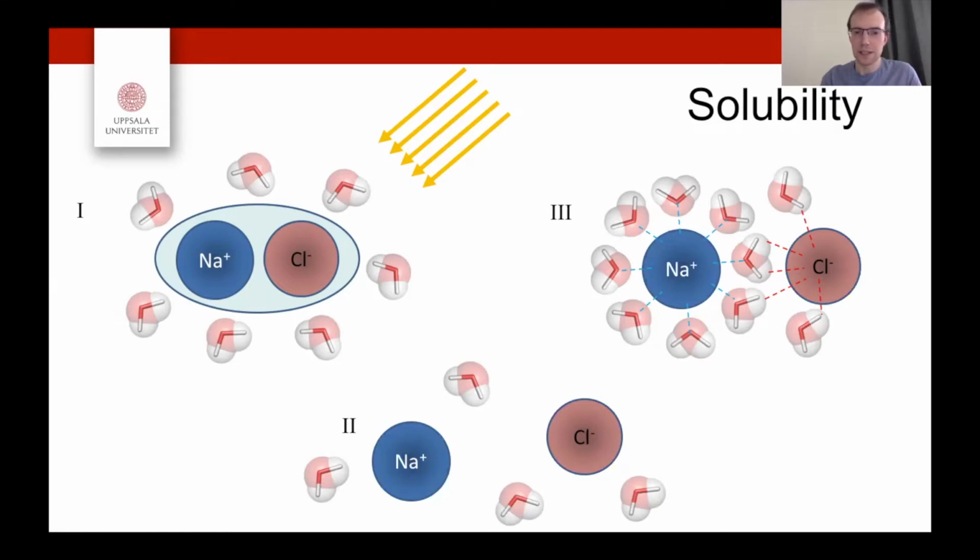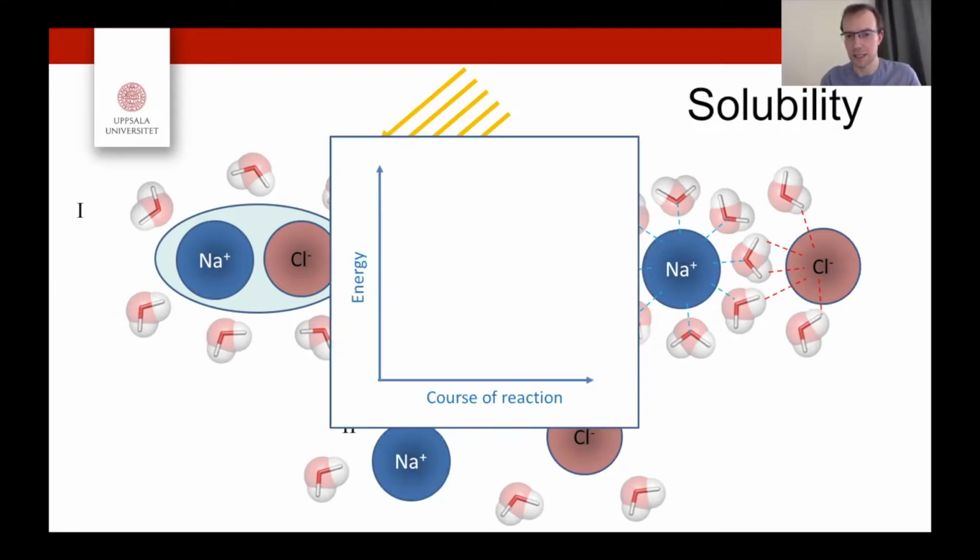And if you look at the schematic diagram for that process, we can see that along the course of the reaction, the energy overcomes some sort of a barrier. So initially it is already dissolved to some extent, and that is already a stabilized solution. So we have supernatant, we have the precipitant on the bottom if we have enough salt.